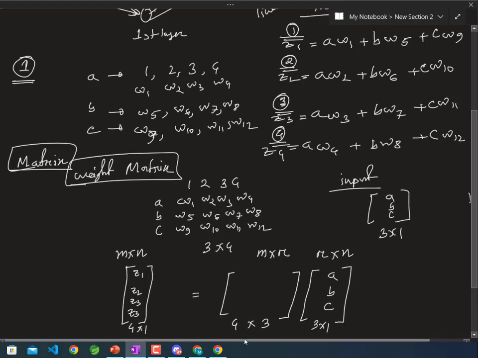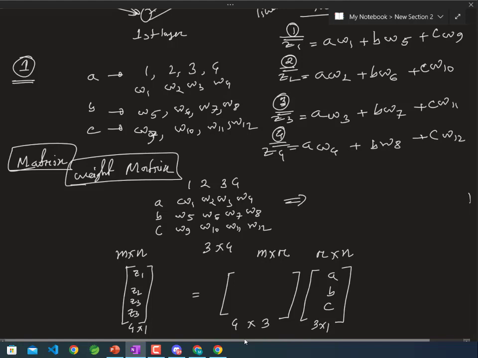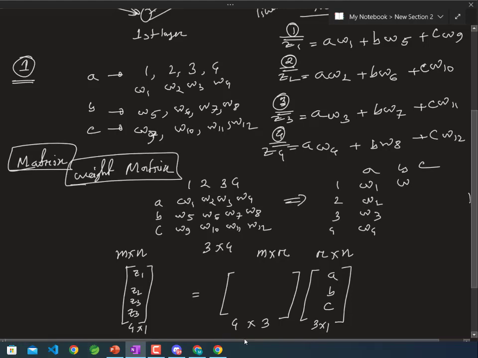A simple transformation of this matrix produces the transpose matrix, rows turning into columns and columns into rows: W1, W2, W3, W4, then W5, 6, 7, 8, 9, 10, 11, 12.